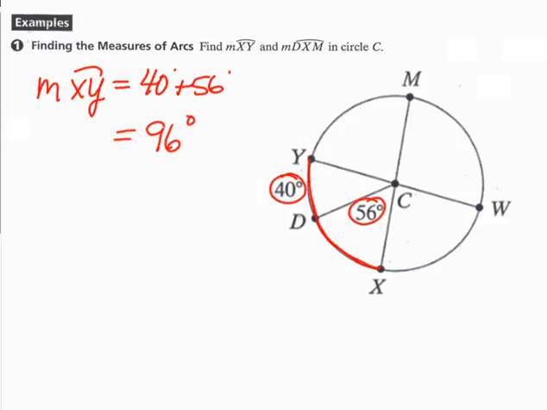So on your notes, it says, let's find the measure of YCD. YCD is an angle. Well, this angle right here is the same as its arc. So that is going to be 40 degrees.